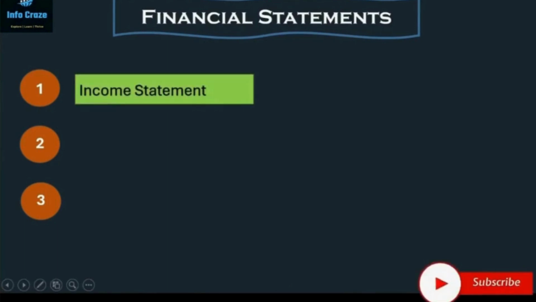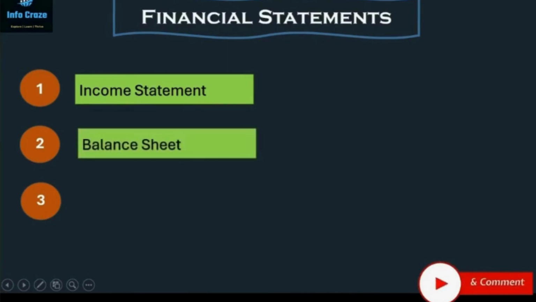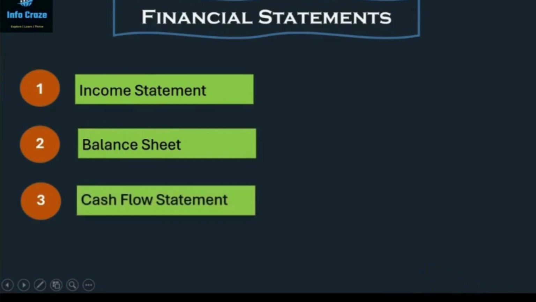Number one is the income statement. Number two is the balance sheet. And then we also have the cash flow statement. As many of you may know, these three statements are the most important financial statements that any company should prepare during a financial year.